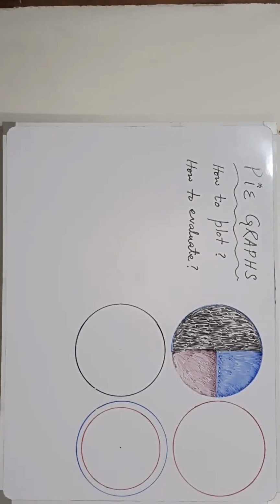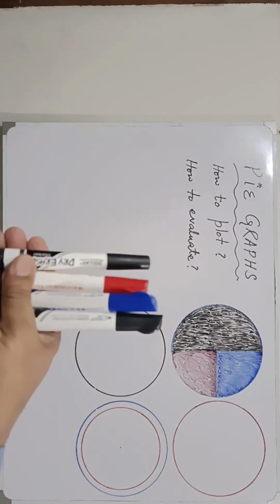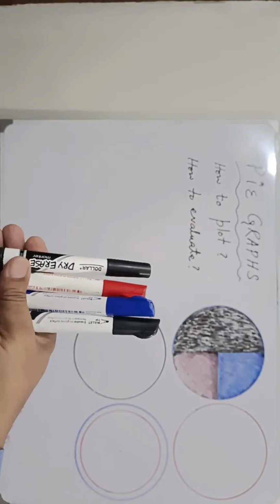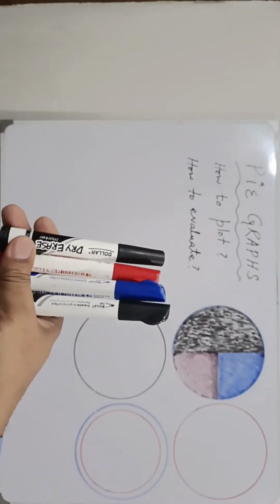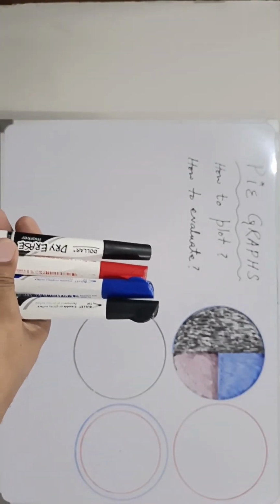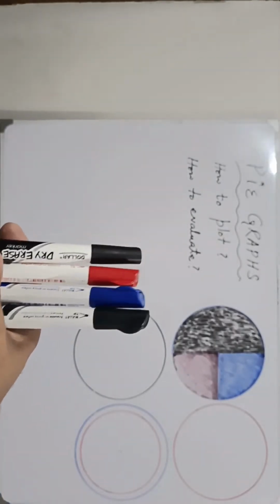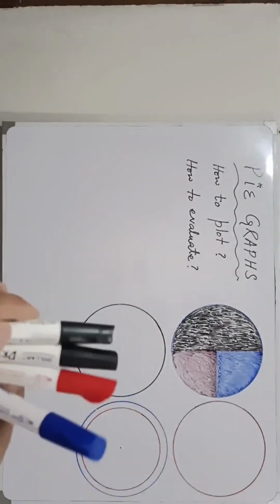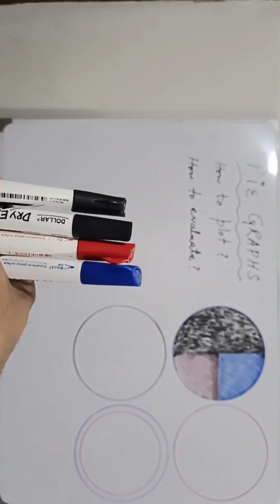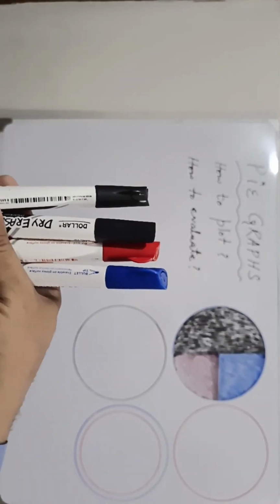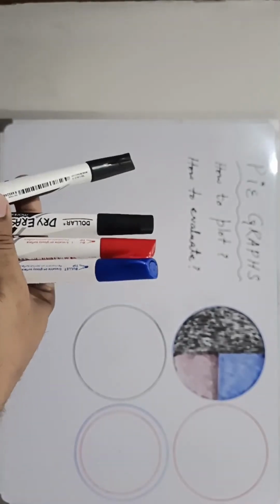These are these markers. I have these four markers, and I have plotted the data of these four markers at the board. Now you can evaluate very easily that we have two black markers, one red marker, and one blue marker.